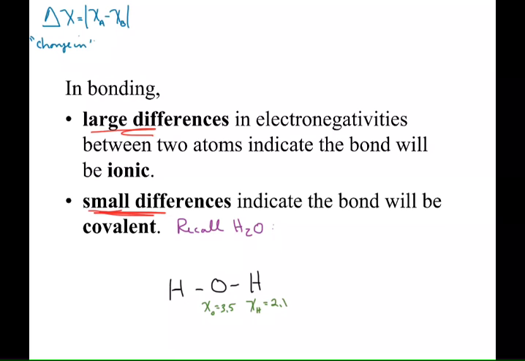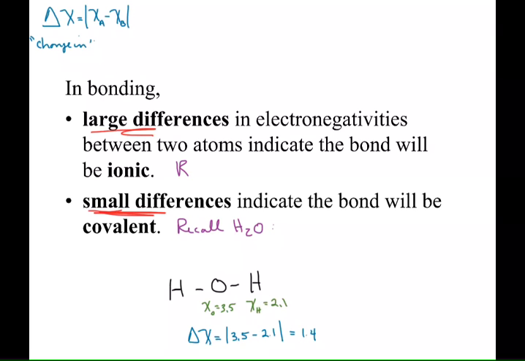We could apply that formula in the upper right-hand corner, and the electronegativity difference, or delta chi, is |3.5 minus 2.1|. Those vertical lines are just the absolute value. So we have a difference of 1.4, which is a little significant, but not enough to make electrons be transferred. Those electrons are shared.